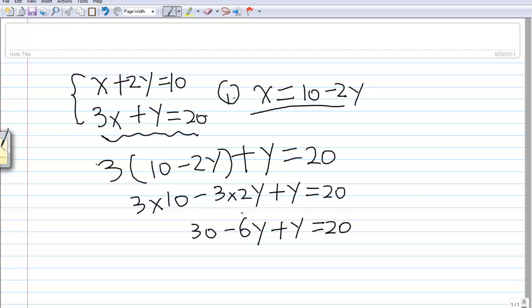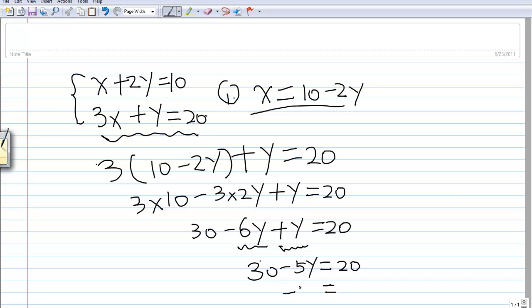Now we can simplify it a bit more because we have two terms that contain y. Then we combine them. So we get 30 minus 5y equals 20. Now we can subtract 30 from both sides of the equation.